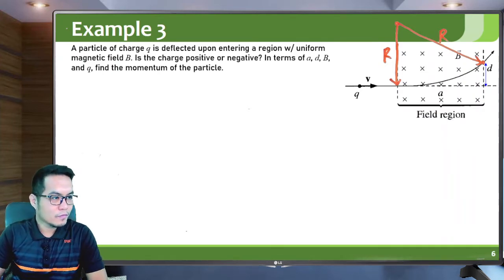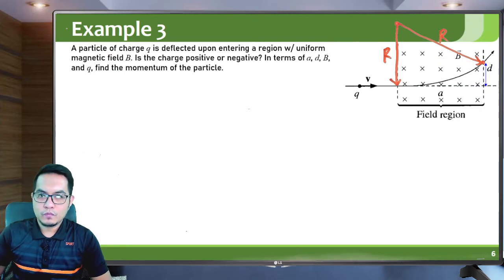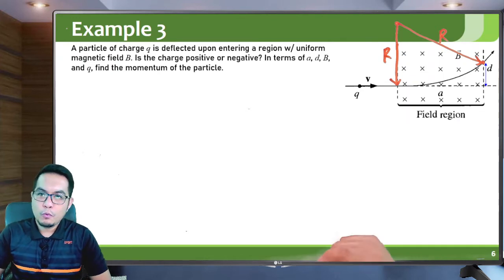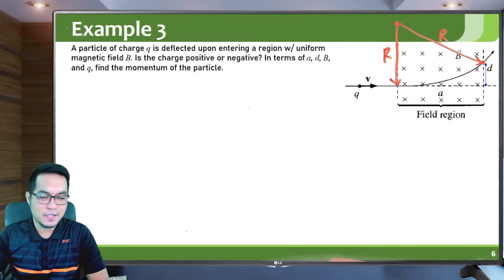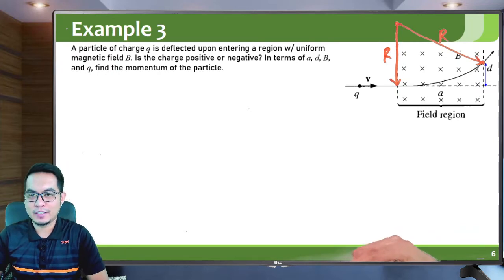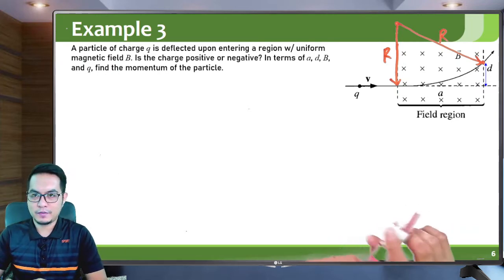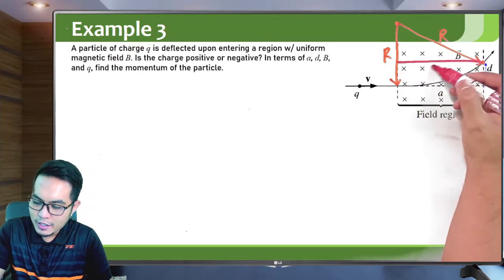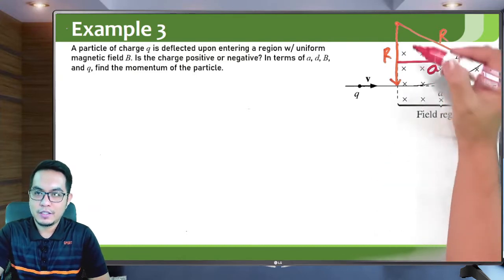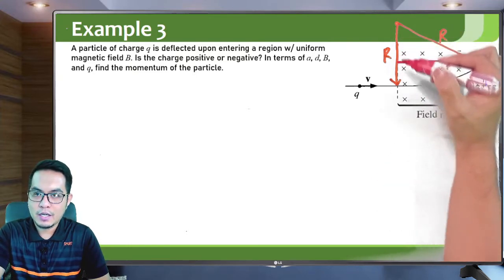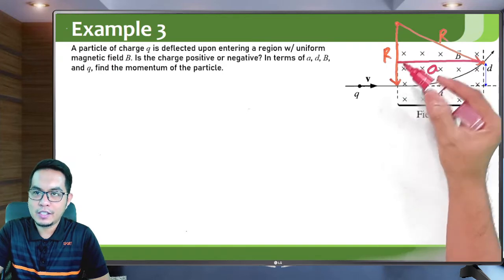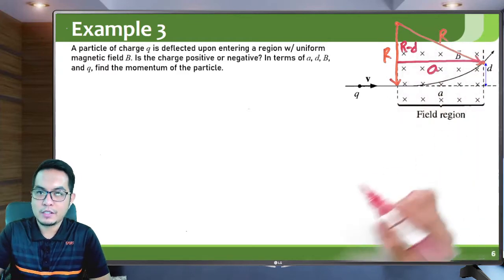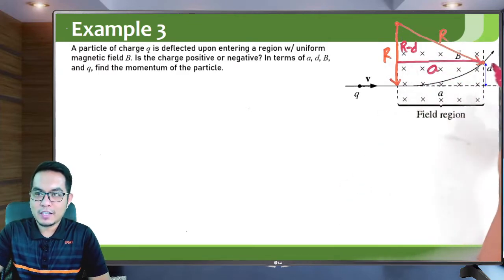Okay. So we need to actually solve for R first in terms of A and D. So how do we do this? So if this is A, that is A, and if this distance is D, then this distance is R minus D. So we have a right triangle here.